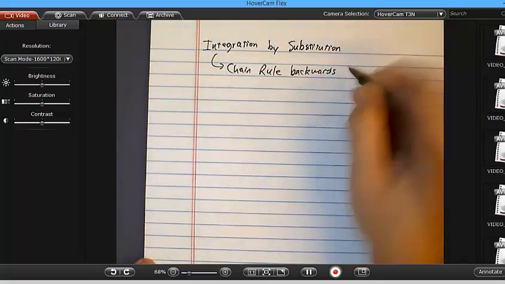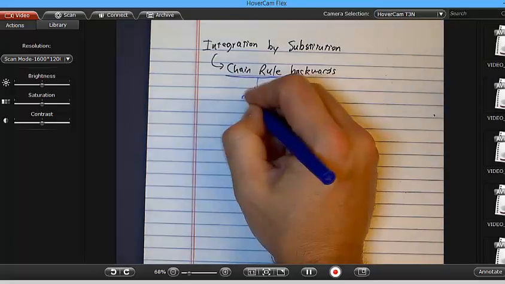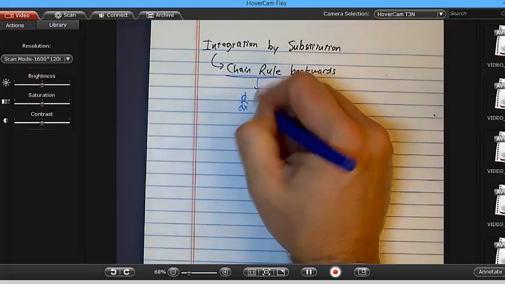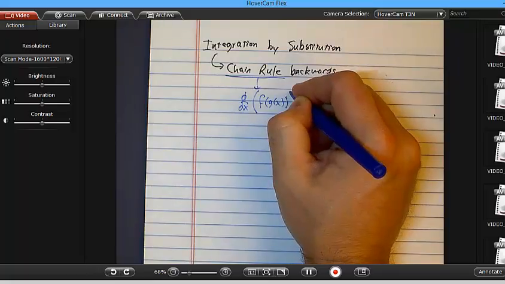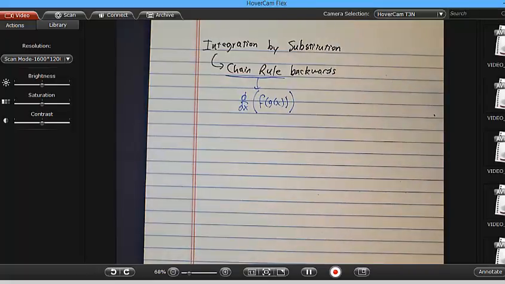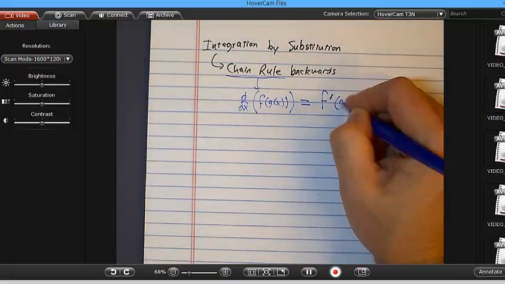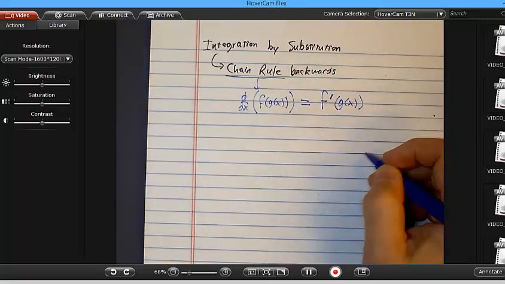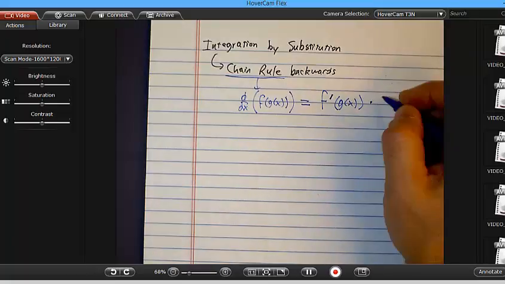How does the chain rule work? Well, chain rule says that if you're trying to find the derivative of, I don't know, f of g, let's use the Newton notation, if you're doing the derivative of a function, what you get is f prime of g of x times what?